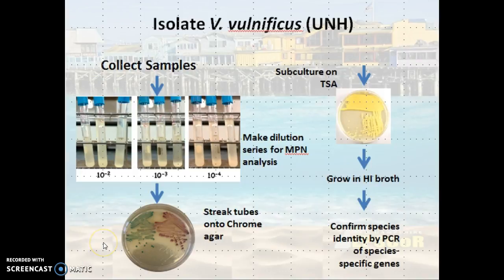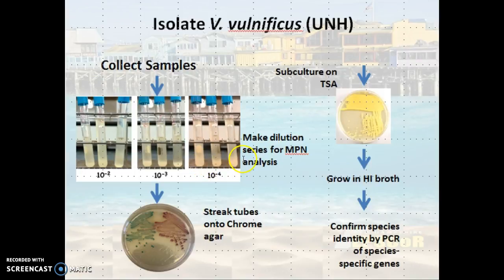So what we do is we obtain isolates that are from the University of New Hampshire. They would actually go out into the field and collect samples of oysters, water, or sediment, and then they take those samples and they do what's called a most probable number analysis. And this is a process where you make serial dilutions. So this is diluted 100 times, this is where a sample is diluted 1,000 times, and here it's diluted 10,000 times.